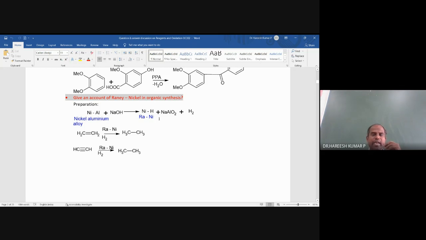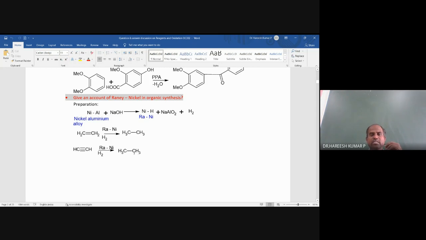So the obtained Raney nickel, when it is treated with alkene, it will convert the alkene into hydrocarbon. Similarly, when it is treated with alkyne, it will give rise to an alkane compound.